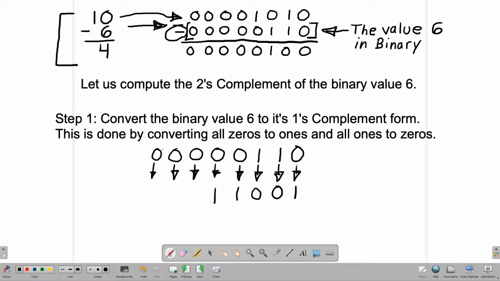Another 0, it becomes 1. Another 0, it becomes 1. And we have another 0, it becomes 1. This is the 1's complement representation of the binary value 6.